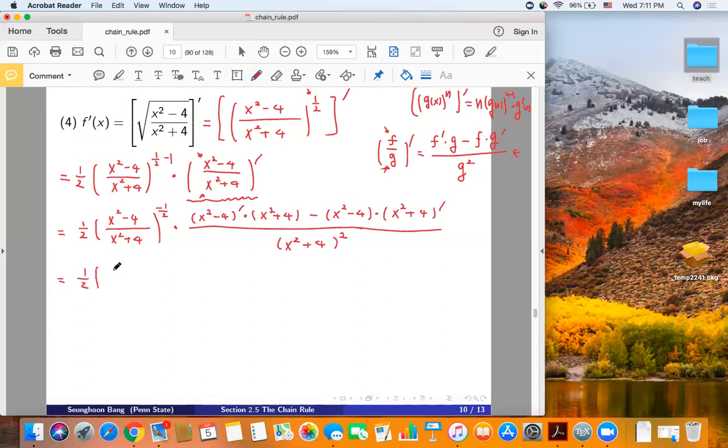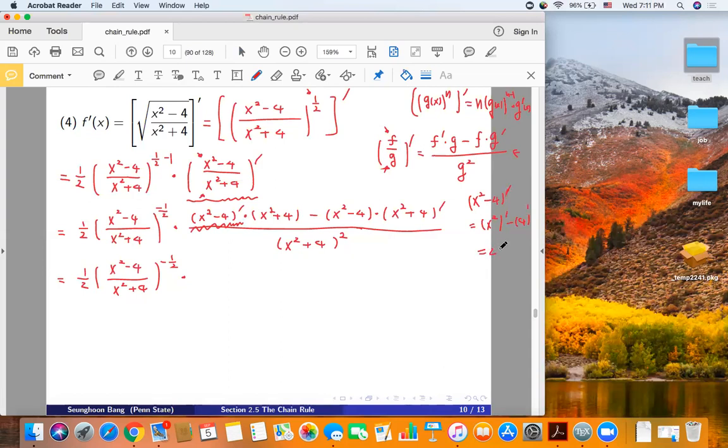1 over 2, x squared minus 4 over x squared plus 4 to the minus 1/2, times. So what is x squared minus 4 prime? Do you know that? The 2x, yes, it's the same as x squared prime minus 4 prime.